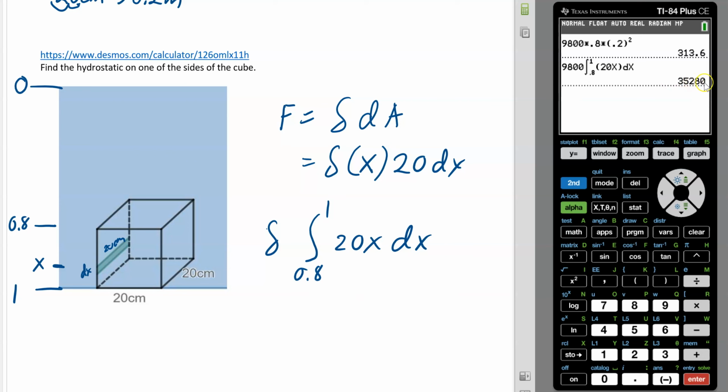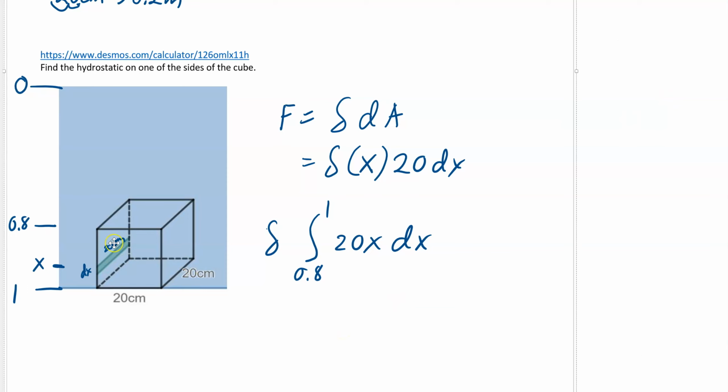And we get 35,280. Now, that's a lot more than that. We look back here and go, oh, wait, we used centimeters. This is a common error, and I wanted to make the error just to prove this to you. You cannot use centimeters. Again, we need to use 0.2 meters. We did it well here because we're using 0.8 and 1, which are in meters.